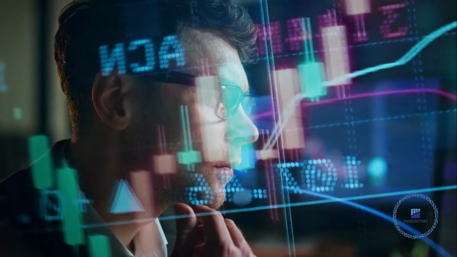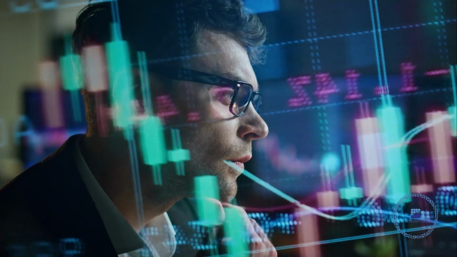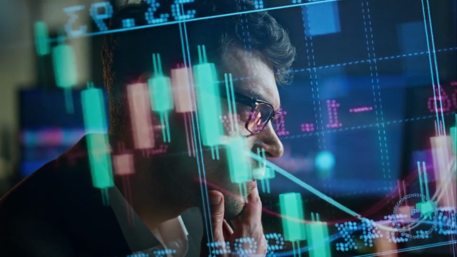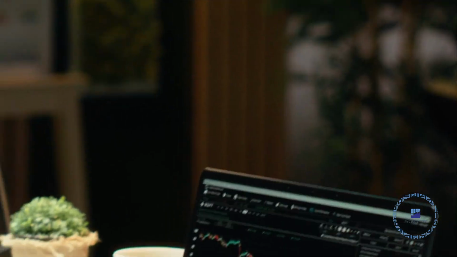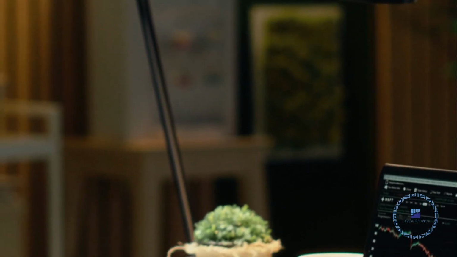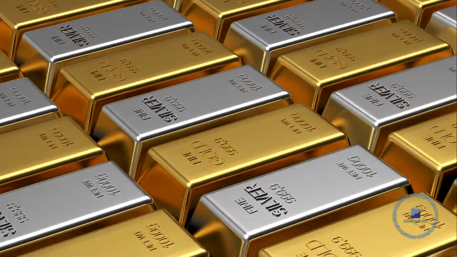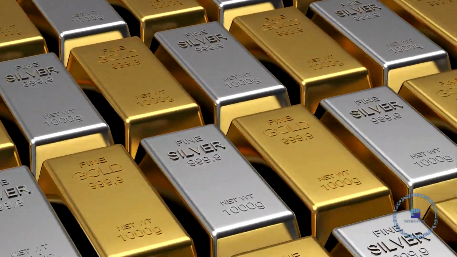In an era of complex derivatives, high-frequency trading, and advanced analytics, it might seem surprising that a simple ratio still holds relevance. Yet the gold-to-silver ratio endures precisely because it captures something fundamental about human behavior, fear, and value perception. Gold and silver are deeply embedded in financial psychology.